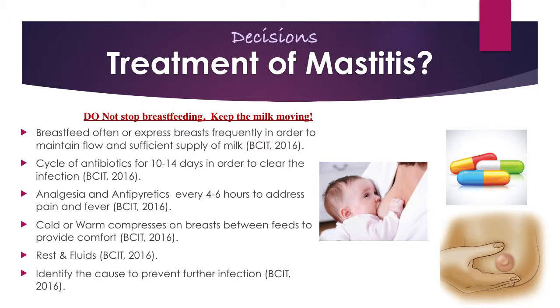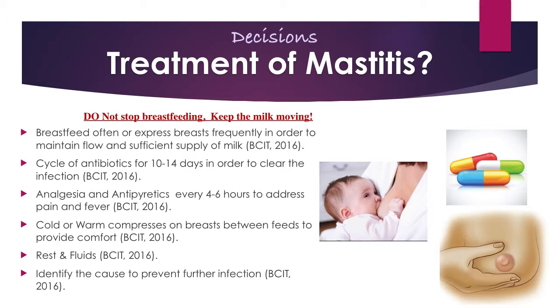Treatment of mastitis. Emptying the breast is key. The mother should breastfeed often or express milk frequently to keep milk flowing and prevent further milk stasis, which can worsen the condition. Antibiotics such as doxycycline or cephalexin will be required to clear the infection.